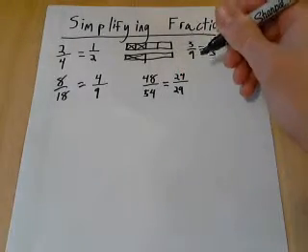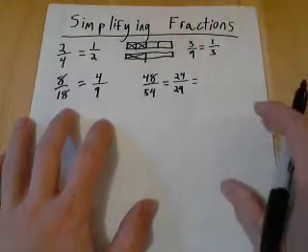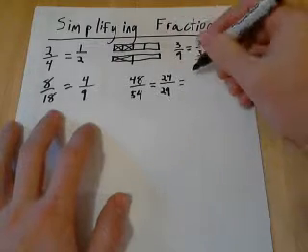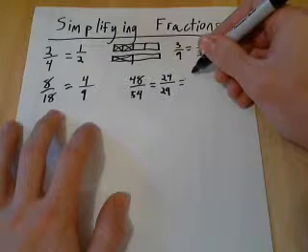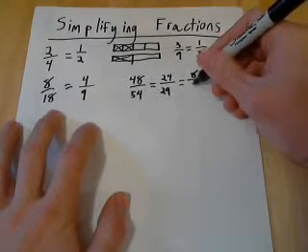So now we have 24/27, but we're not done yet, because this can be simplified further. So 24 is divisible by 3, and 27 is also divisible by 3. So 24 divided by 3 is 8, and 27 divided by 3 is going to be 9.